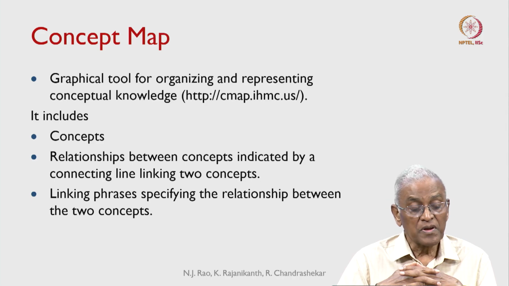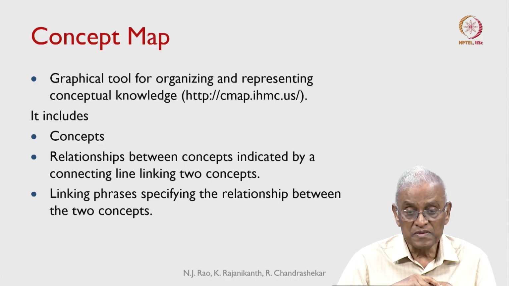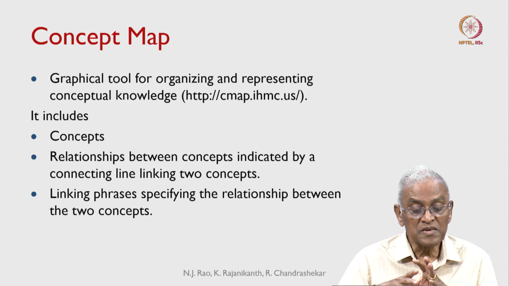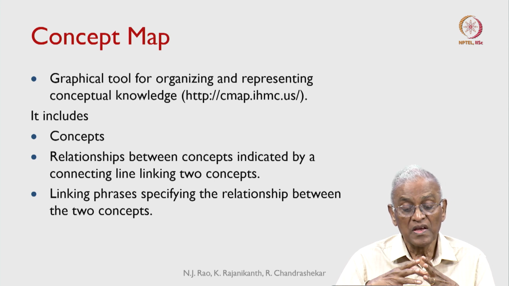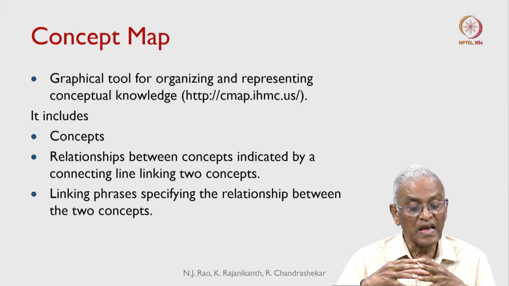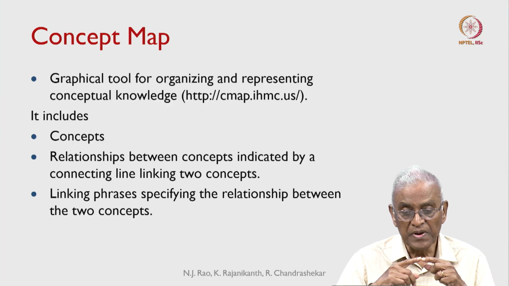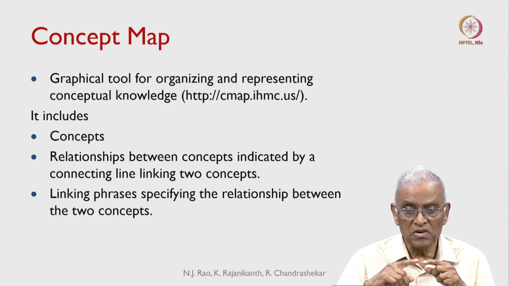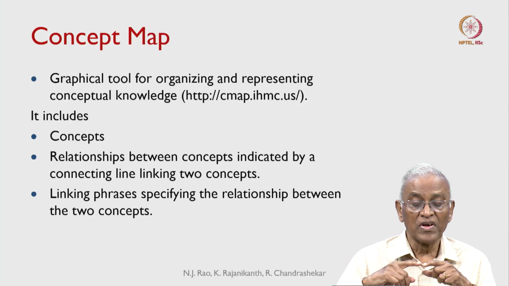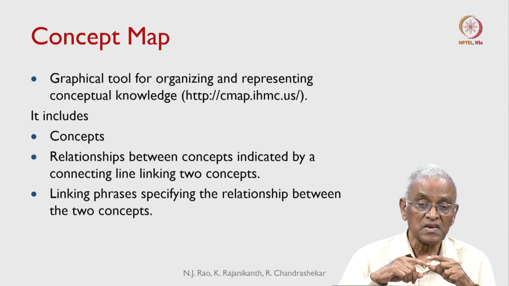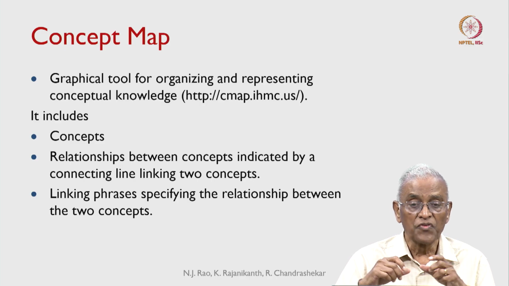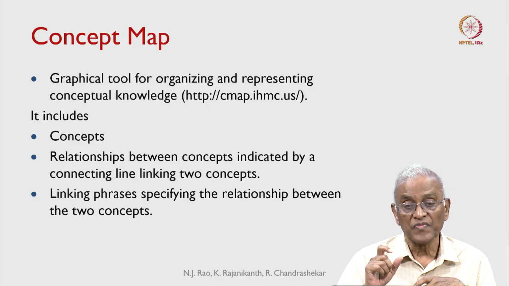The concept map includes obviously the concepts and relationships between concepts, indicated by a line linking two concepts. If one is dependent on the other, we will show it by a line, and when you connect a line, to show how they are related to one another, we use a linking phrase.